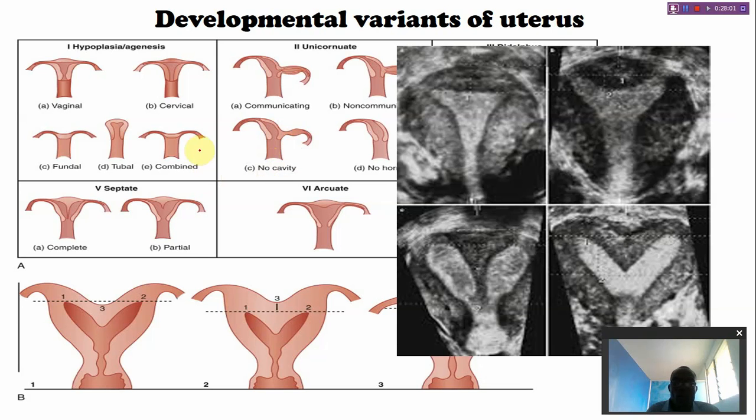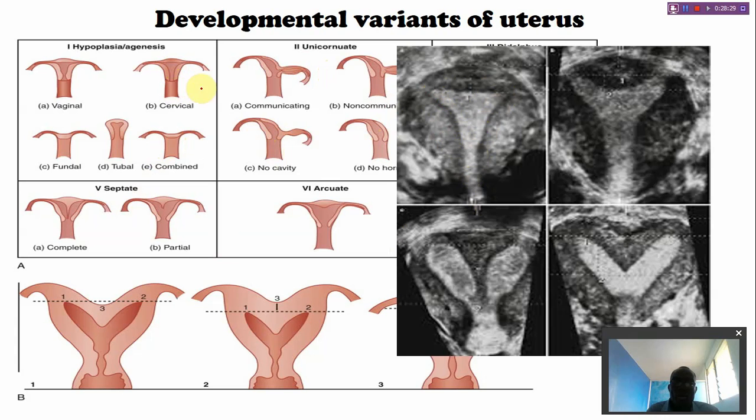Those who have 1 vagina but 2 cervixes will have a problem of conception. These are sonographic examples of images showing this phenomenon.